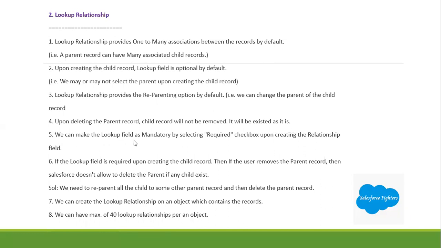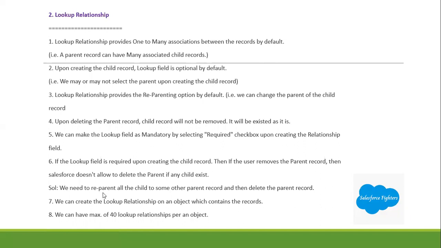We can make the lookup field mandatory by selecting the Required checkbox upon creating the relationship field. If the lookup field is required upon creating the child records, then if the user removes the parent record, Salesforce does not allow deleting the parent if any children exist.